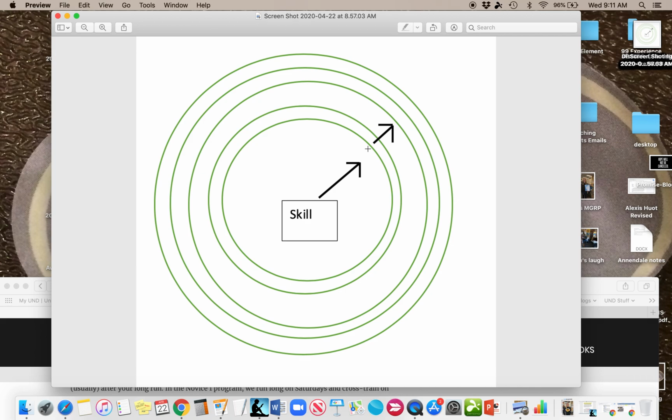If I keep running 2 miles at, say, 5 miles an hour, I'm just going to plateau. But if I do some training and maybe I do some interval work and maybe I try to run, instead of 2 miles, maybe I just do 1 mile at 6.5 miles an hour, then I'm building up my endurance and I'm moving up each way until I get to a desired goal.